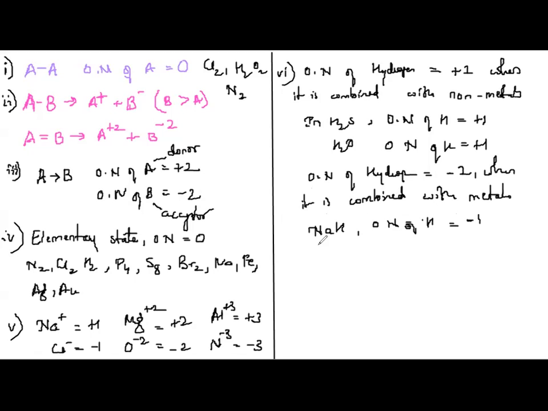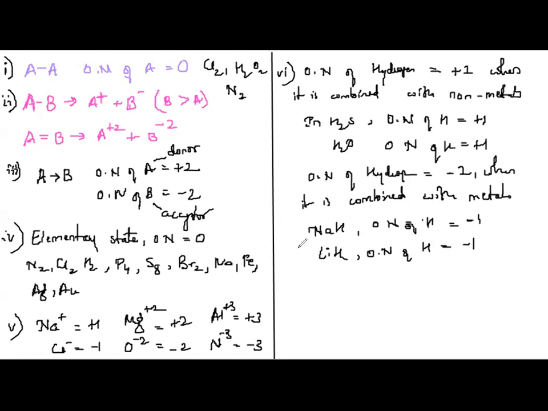If you take lithium hydride, LiH, the oxidation number of lithium is -1. I'm sorry, we are speaking of the oxidation number of hydrogen here. The oxidation number of hydrogen is -1.